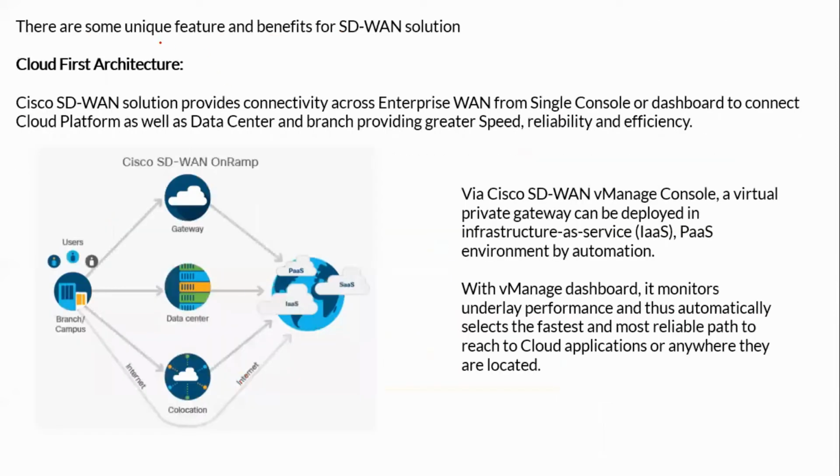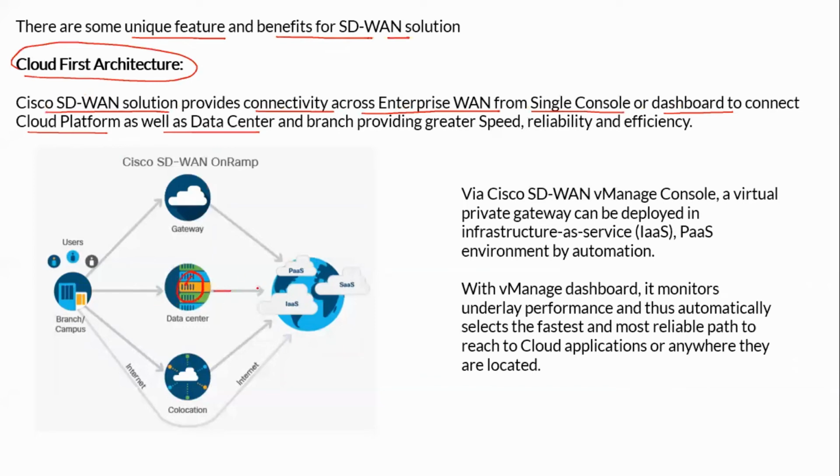So what are some unique features and benefits of the SD-WAN solution? So it is a cloud first architecture, right? The Cisco SD-WAN solution provides connectivity across the enterprise WAN from a single console or dashboard to connect cloud platforms as well as your data center. If you have a data center, you can very much connect it.